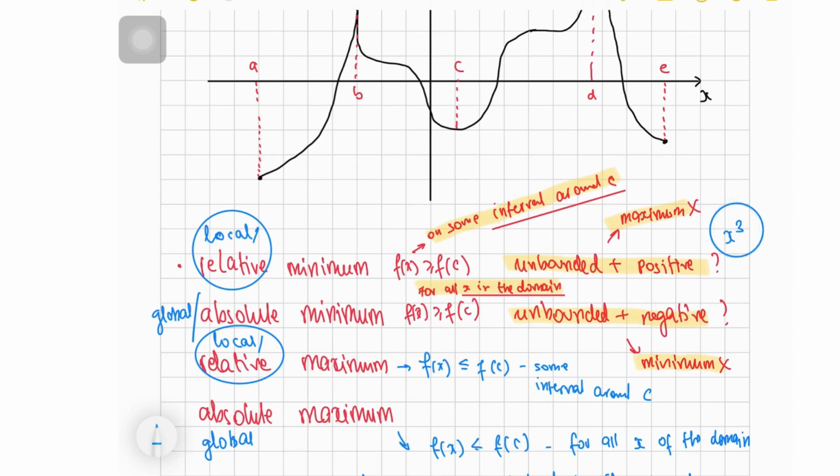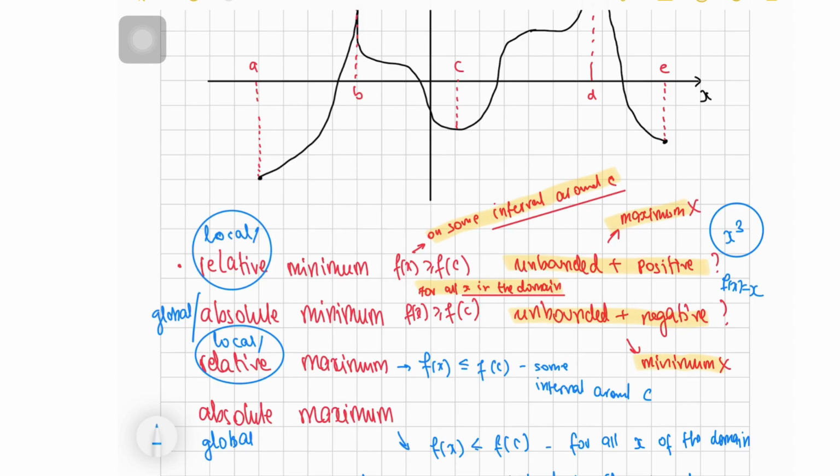So x cubed doesn't have a maximum, even the function f of x equals x. The domain is whole R, and the function is not bounded, and hence doesn't have either a minimum or a maximum.